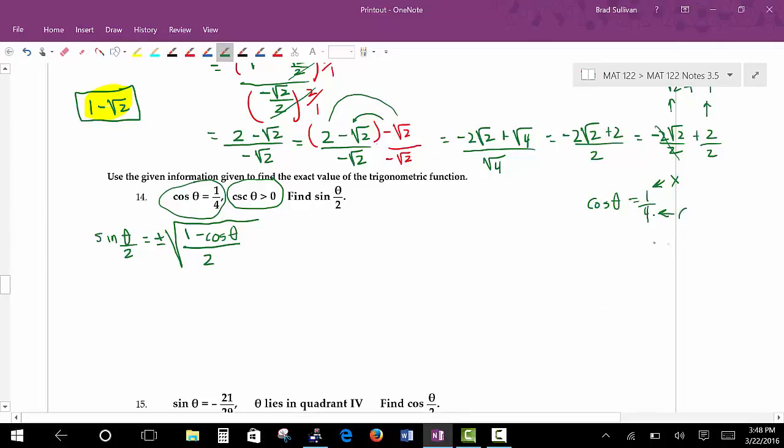So what this is going to mean then, if you look at this problem, there's actually 2 places where the cosine is positive 1/4. One place would be here in quadrant 1, the other place would be in quadrant 4.